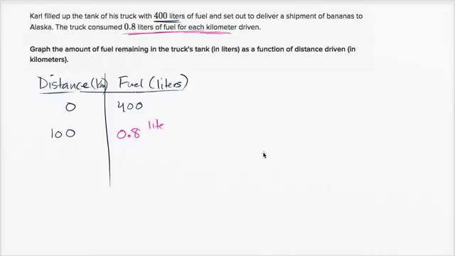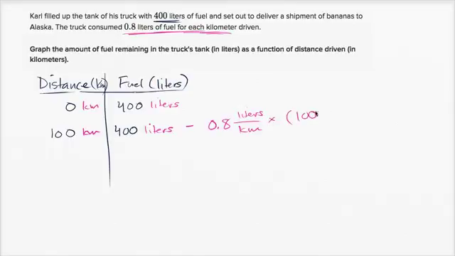So the fuel is going to be what he started with minus how much he consumed. So it's going to be 400 liters minus 0.8 liters per kilometer times 100 kilometers.